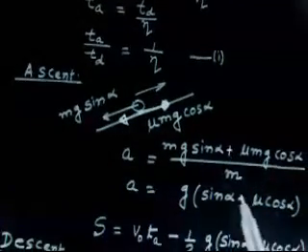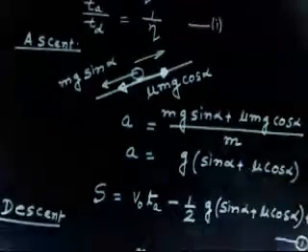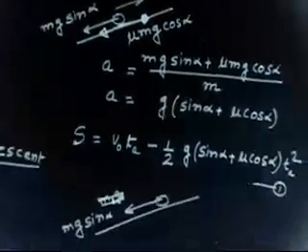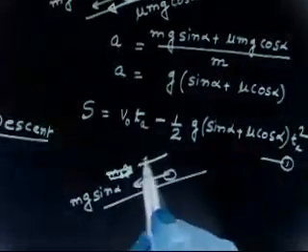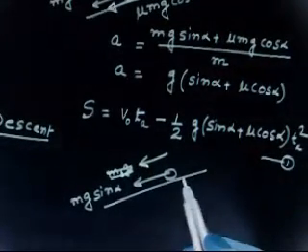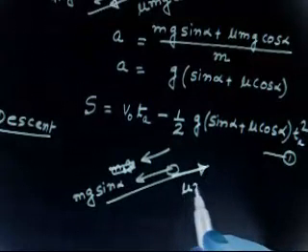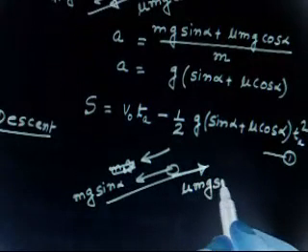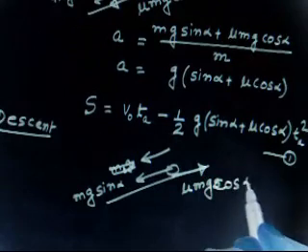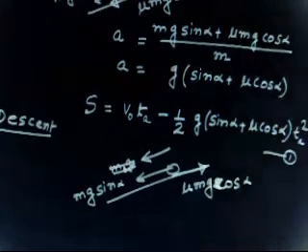You're getting? Now in this case, this is going down. This is a descent. So friction force will act up. So it is mu mg cos alpha.